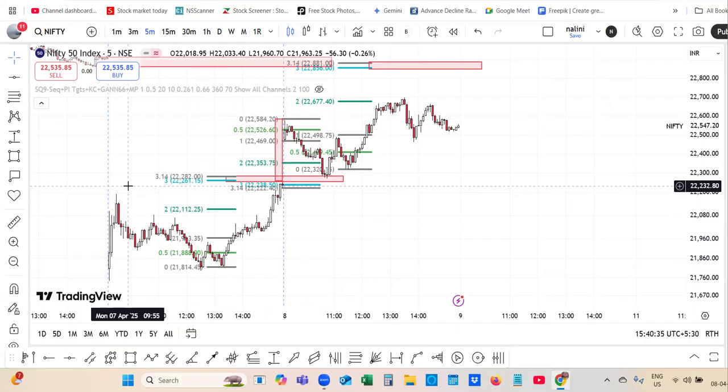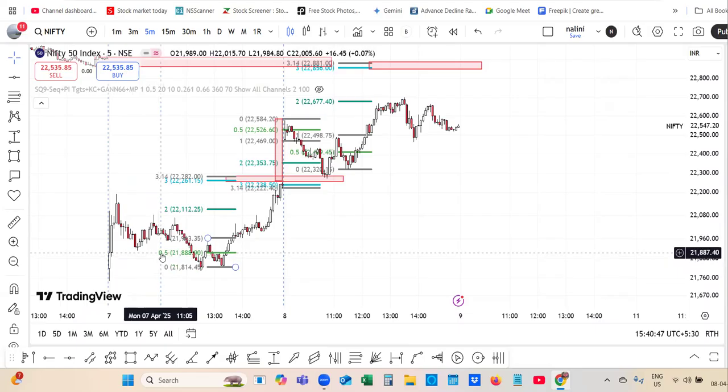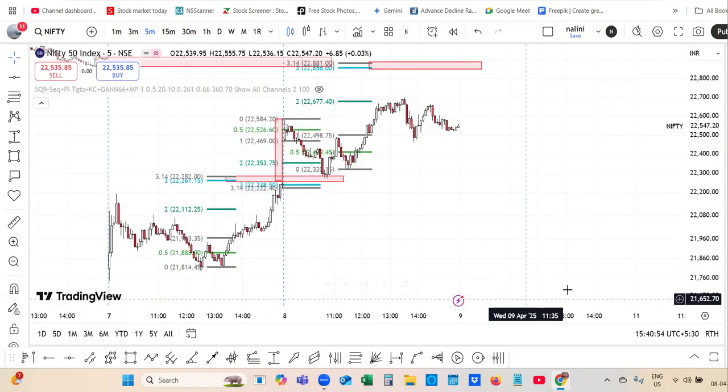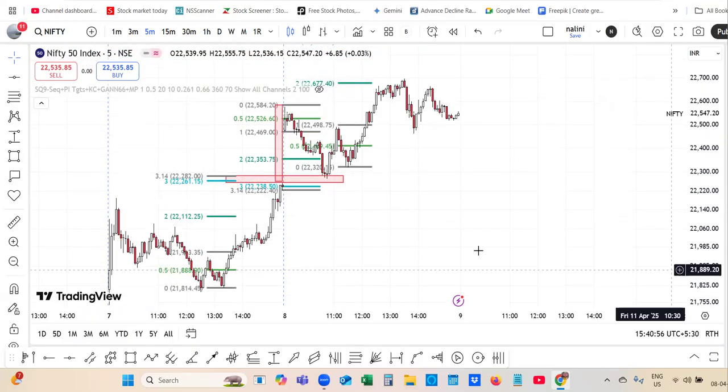This fifth tool has been tweaked for 0.5, 1, 2, and 3.14. You can clearly see there.